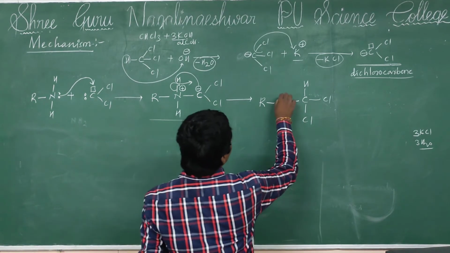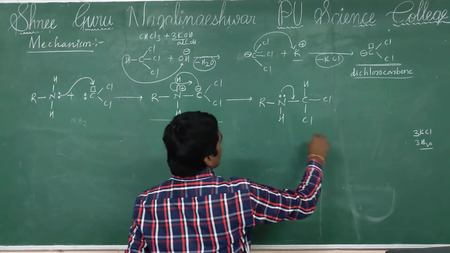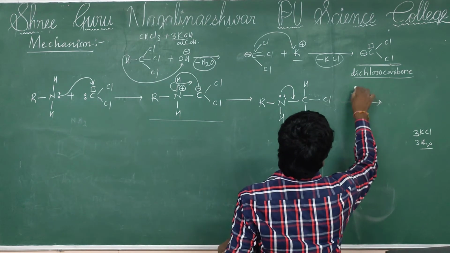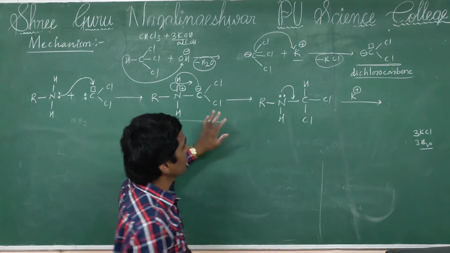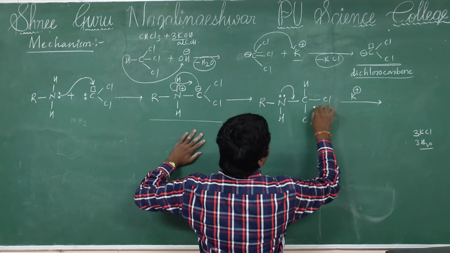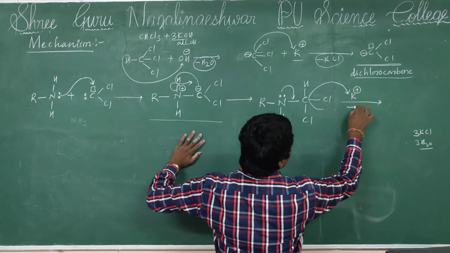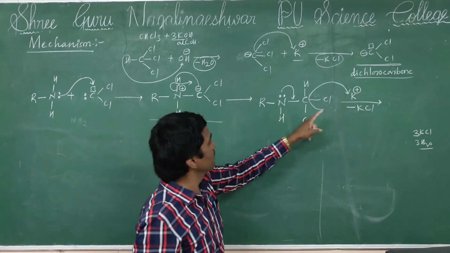From this molecule, one KCl is eliminated by potassium.